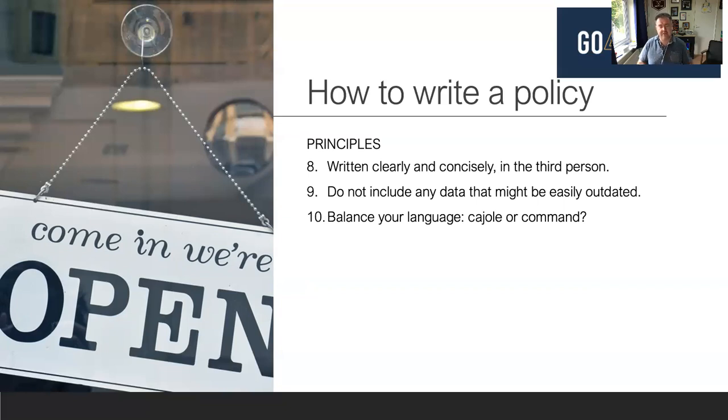Balance your language, I think, is really important. If people feel a policy is being imposed upon them, if they are being commanded to do something, then they become a lot less responsive to the policy.